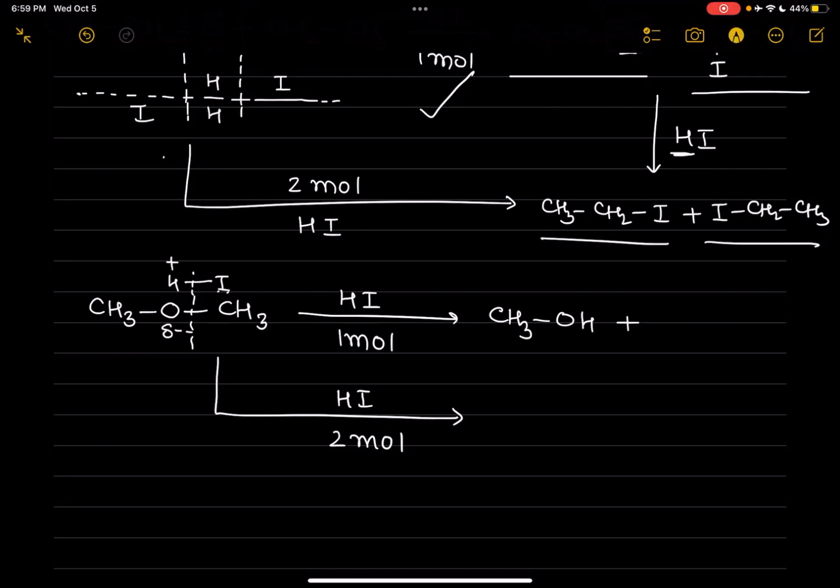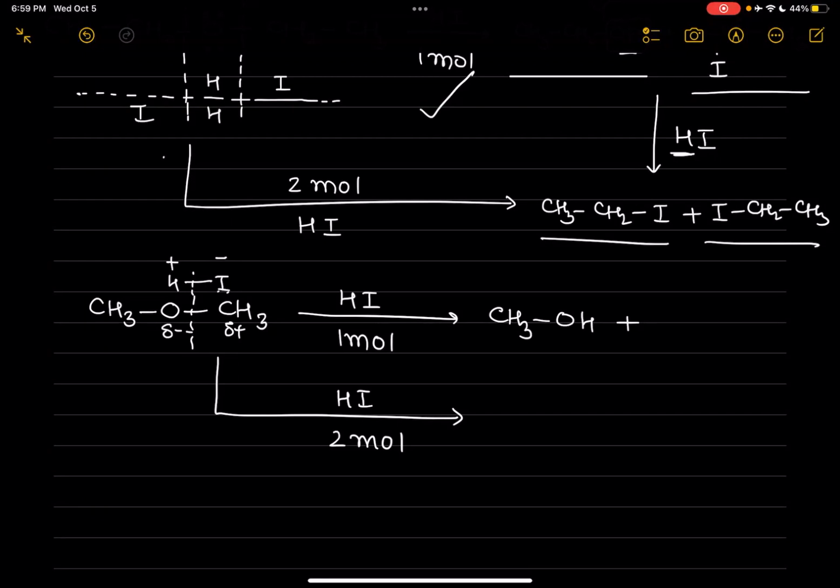So H is plus, so I will connect plus to minus, and I is minus, so I connected it with carbon plus. That's how I decided where to put H and where to put I.